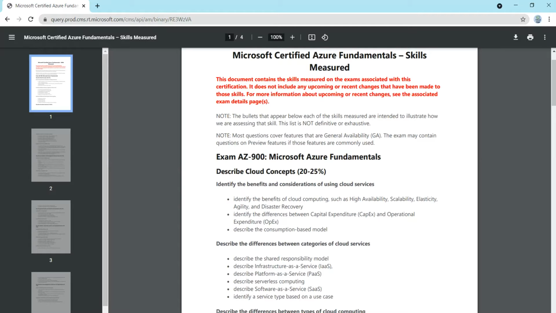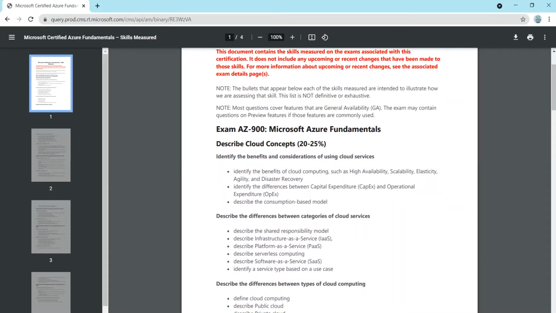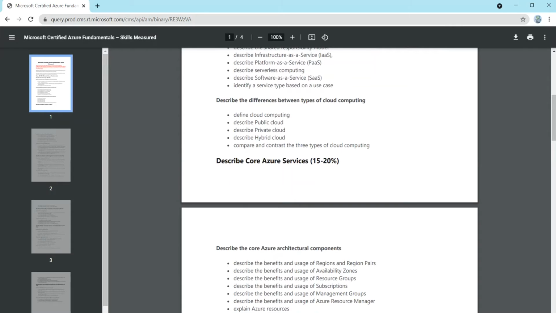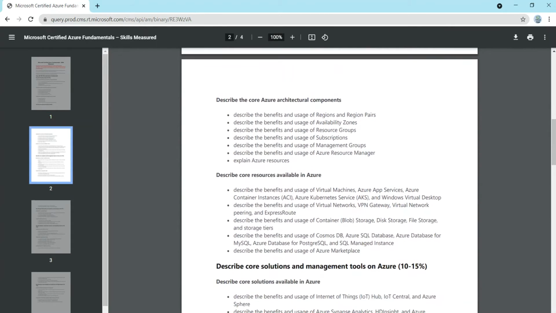For describing cloud concepts, you will get 20 to 25 percent of questions in this topic, and you have the subcategories or subtopics which you need to concentrate on for the particular topic. And for describing the core Azure services, you have 15 to 20 percent of your questions here. So always keep this handy while you prepare for your exams. This might be helpful to see which topics you have missed and which topics you have covered.